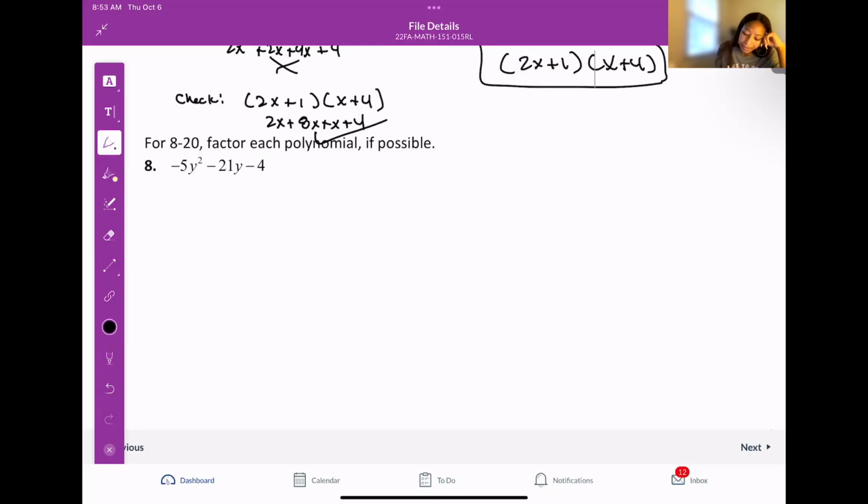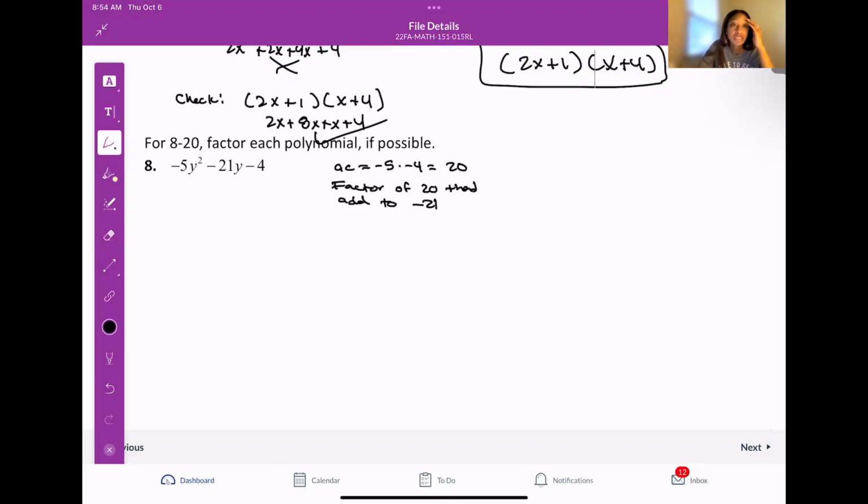So for problem 8 here, we cannot factor out a -5 from all of these terms. Since we can't factor out a -5 from all of the terms, we need to move on to try to factor by grouping. If we multiply a times c here, that's -5 times -4, which is 20. And we want factors of 20 that add to -21.